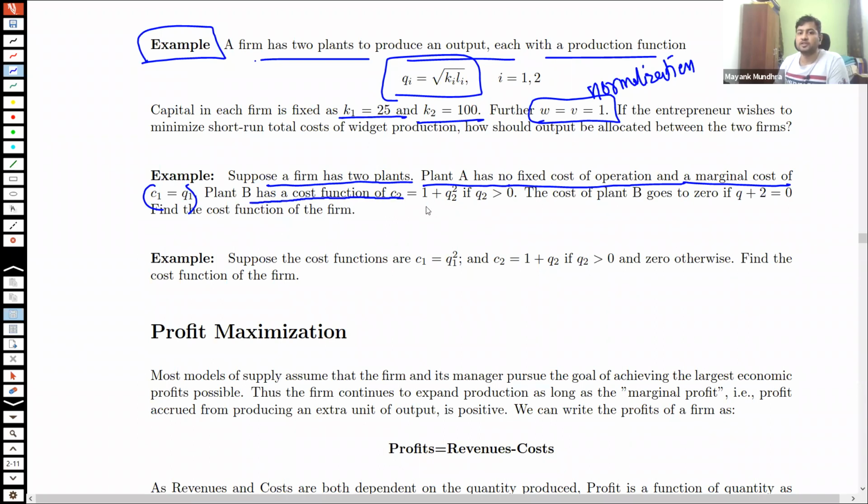Plant B has cost function C2. The cost function of this one is C2 equals 1 plus Q2 square if Q2 is greater than 0, and the cost of plant B goes to 0 if Q2 equals 0. Okay, so I should have used MC1 here. Sorry for that.